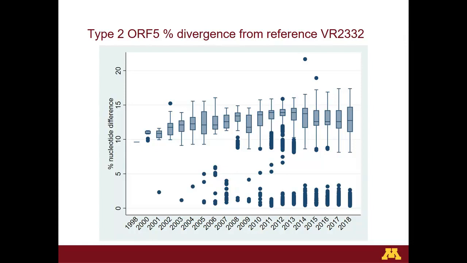We can see that the ranges increase a little bit. But we also see that from year to year, we have very different ranges of percent nucleotide diversity. For example, in 2007, the range was very narrow, so we didn't have a lot of difference.